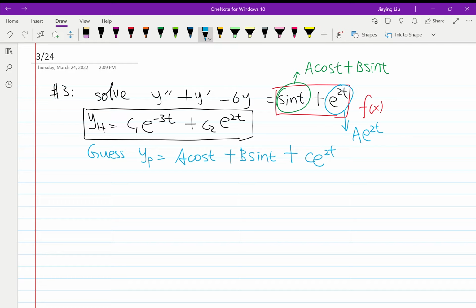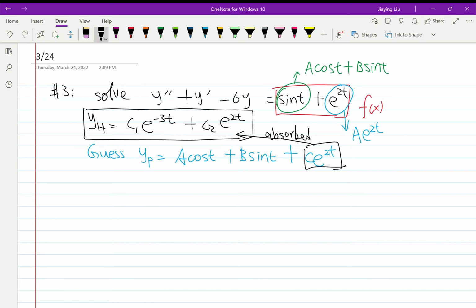So if you look at the homogeneous solution, we already have the e to the 2t. So for this part in the particular solution, we wouldn't be able to find anything, because if we guess e to the 2t, it will be absorbed in here. We wouldn't be able to figure out what the constant for e to the 2t is because we don't know, it's just some constant c2. So that's not a good guess.